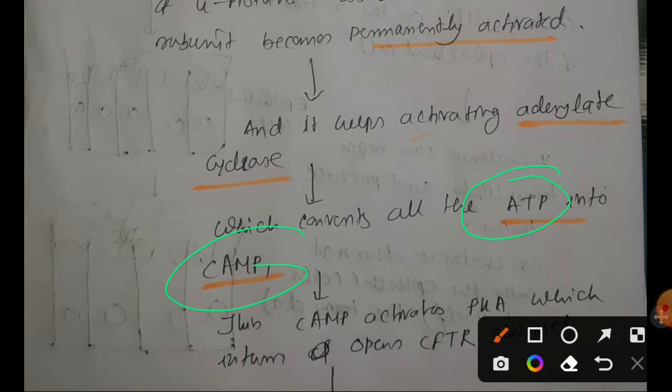As a result, there is an increased concentration, or I should say an overproduction, of cyclic AMP. Those cyclic AMP molecules will activate protein kinase A, which will also be an overactivation, that ultimately opens the CFTR channel, a channel which secretes chloride ions, for a longer time.